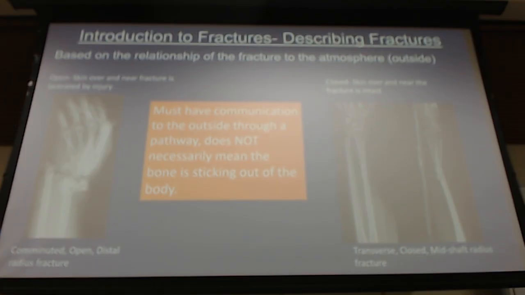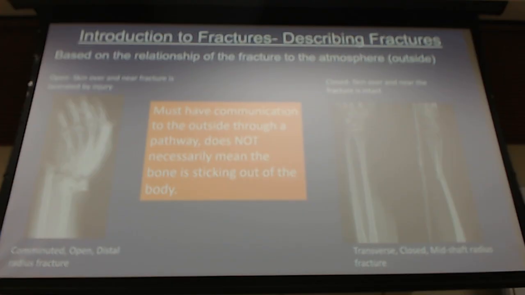I need you to remember this: an open fracture is an orthopedic emergency until proven otherwise. There are cases where you will have an open fracture that is not bleeding. But if there is what looks like an open wound in the proximity of the fracture site, and it does not have to be directly over the fracture site, it is still considered an open fracture.